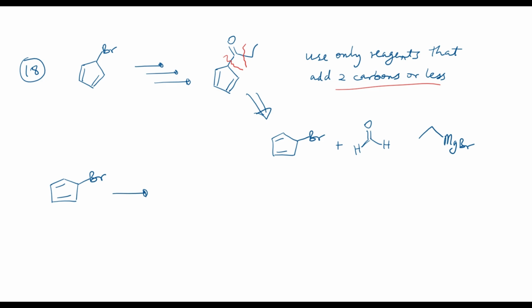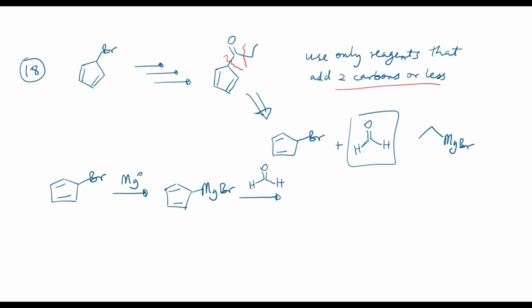We need to convert this into a Grignard by reacting it with magnesium. So if we react that with magnesium metal, we would form a Grignard reagent. We can now react the Grignard reagent with this carbonyl compound.